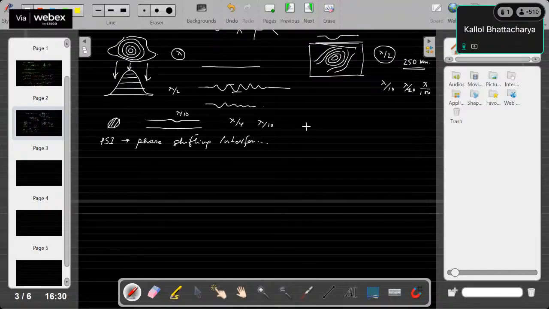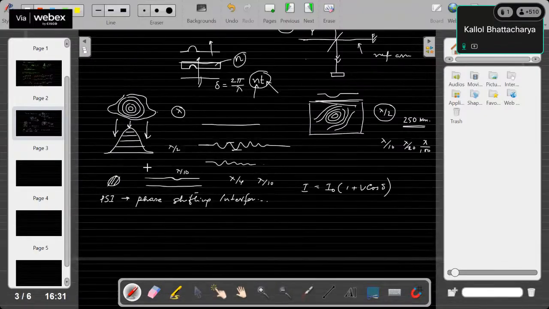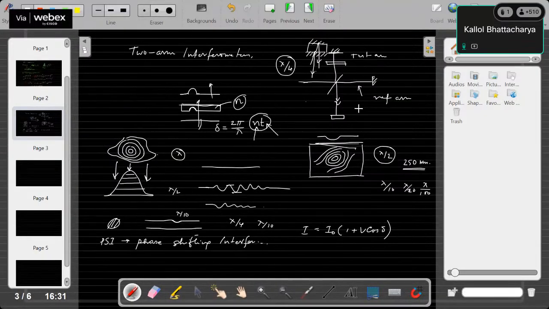So we have I equals I naught into 1 plus V cos delta, the basic equation for interference. Now what we do is, in one of the arms of the interferometer, if this mirror is shifted by a length L, then the additional path is twice L because light has to go and come back.